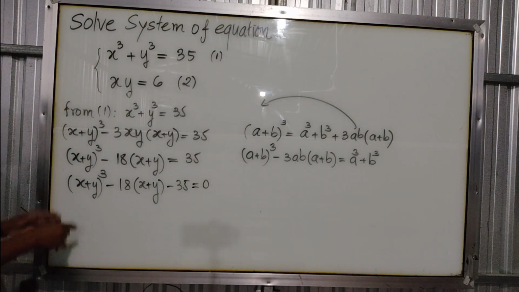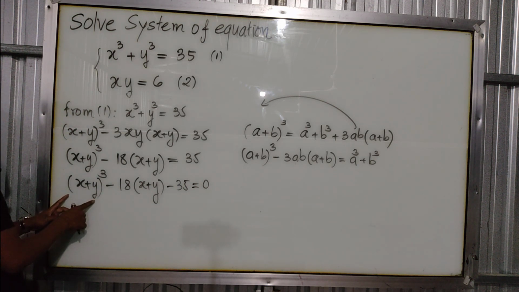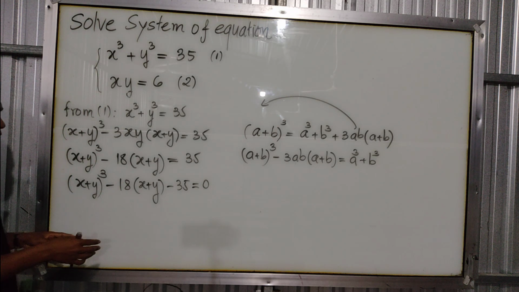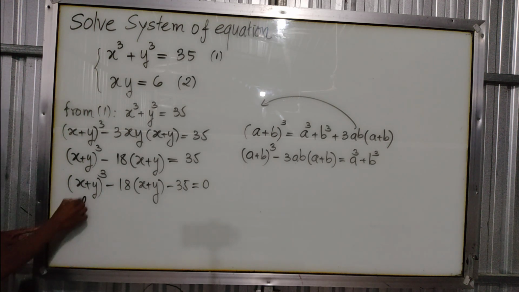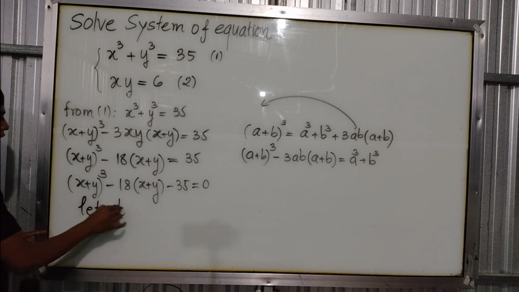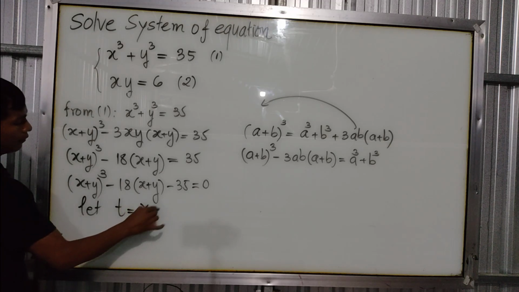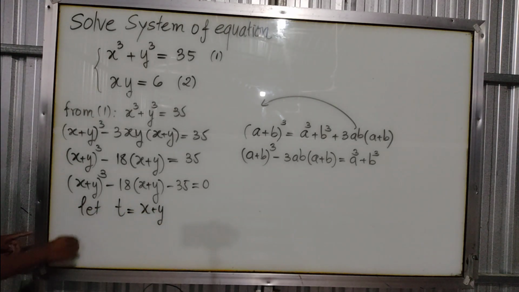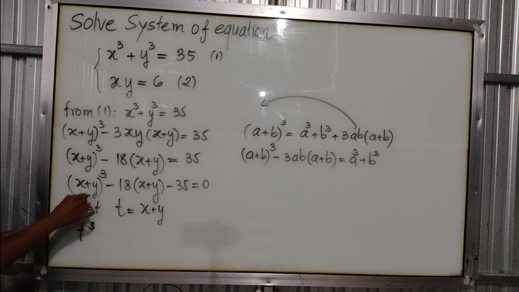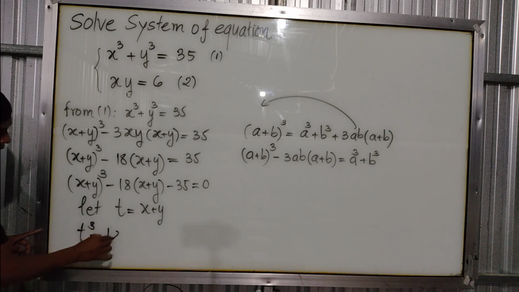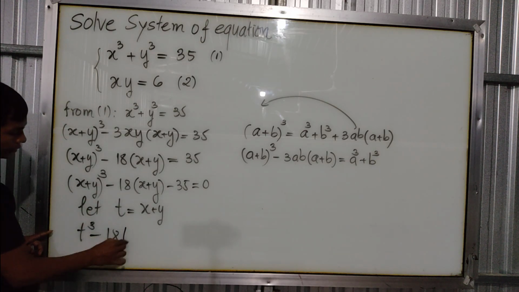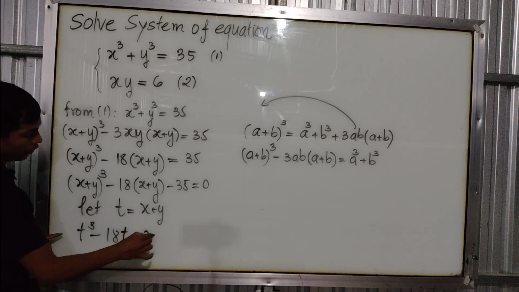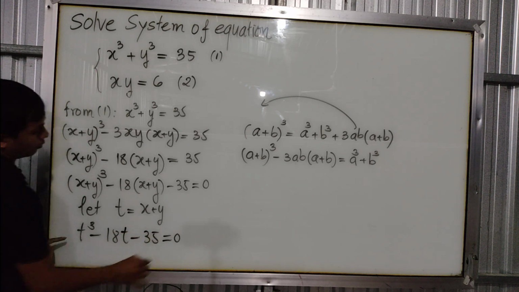To solve this equation, we must substitute x plus y by another variable. Let t equal x plus y. So we get t power 3 minus 18 multiplied by t minus 35 is equal to 0.